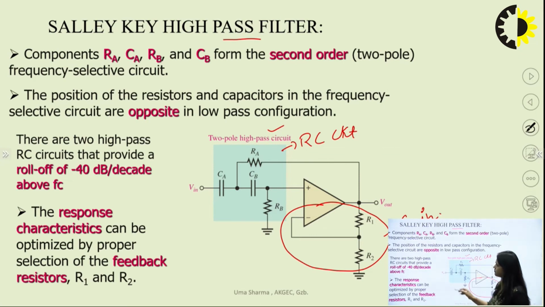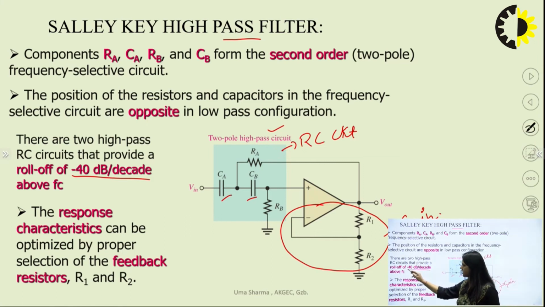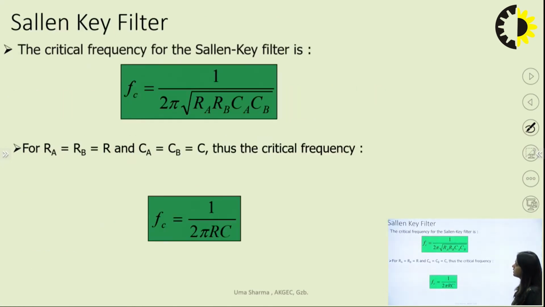So here also the gain roll off rate, because it is a second order filter. Why second order filter? Because it has two poles, because there are two frequency dependent components in the circuit. So that's why it is a two pole circuit, and the gain roll off rate is 40 dB per decade. In the same manner, you can calculate the critical frequency for the Sallen key high pass filter, and this comes out FC equals 1 upon 2 pi under root of RA/RB CA/CB.